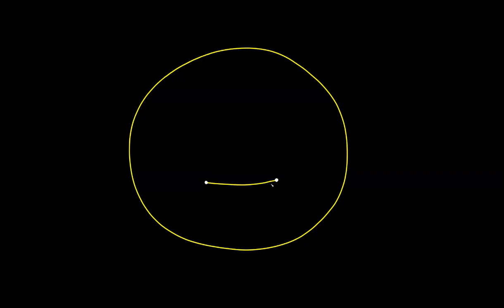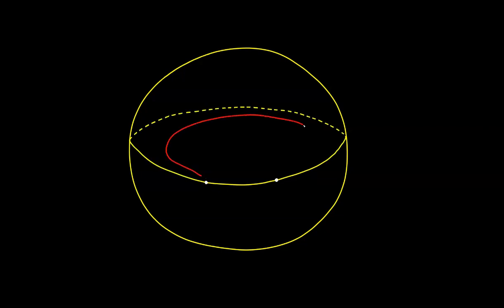However, it's possible to connect these 2 points with a geodesic in another way. We can connect them with a geodesic that goes all the way around the backside like this from one point to the other. We can connect them this way or this way. Obviously, this one is shorter than this one, therefore this is the minimum path.